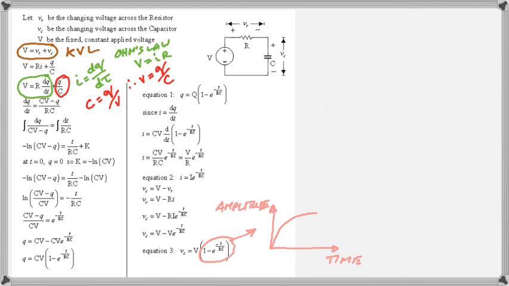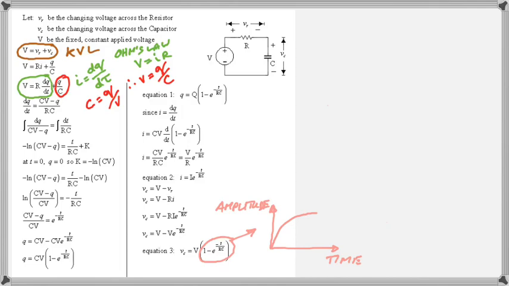So that's why we have an exponential increase, whereas the other one is an exponential decrease, okay? Because initially we have 1 minus 1, which is 0, and then as the exponential term decreases, it rises to 1. The overall term rises to 1.